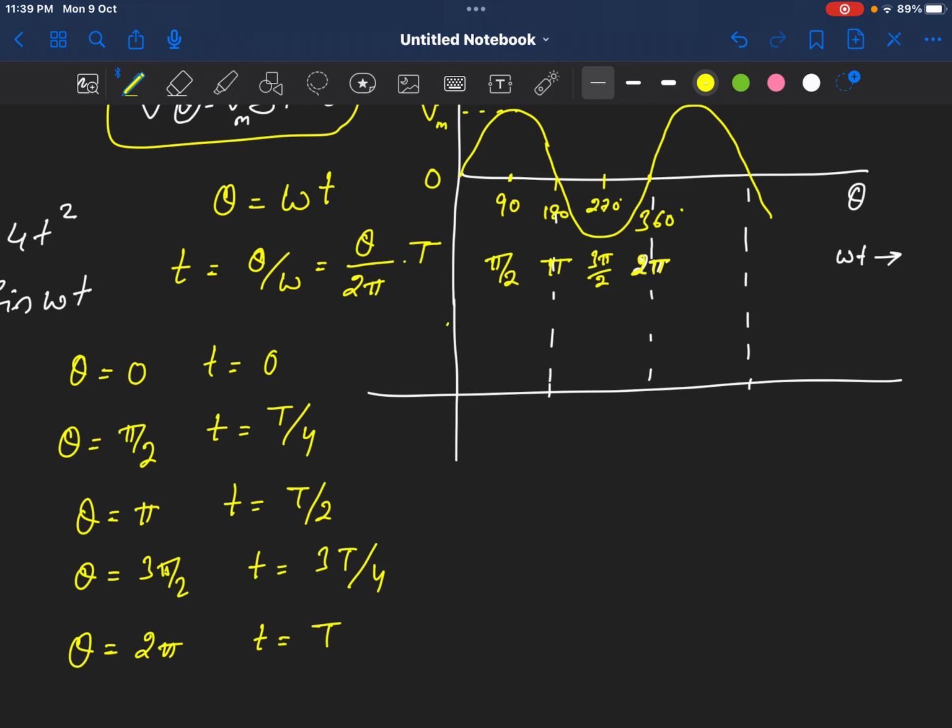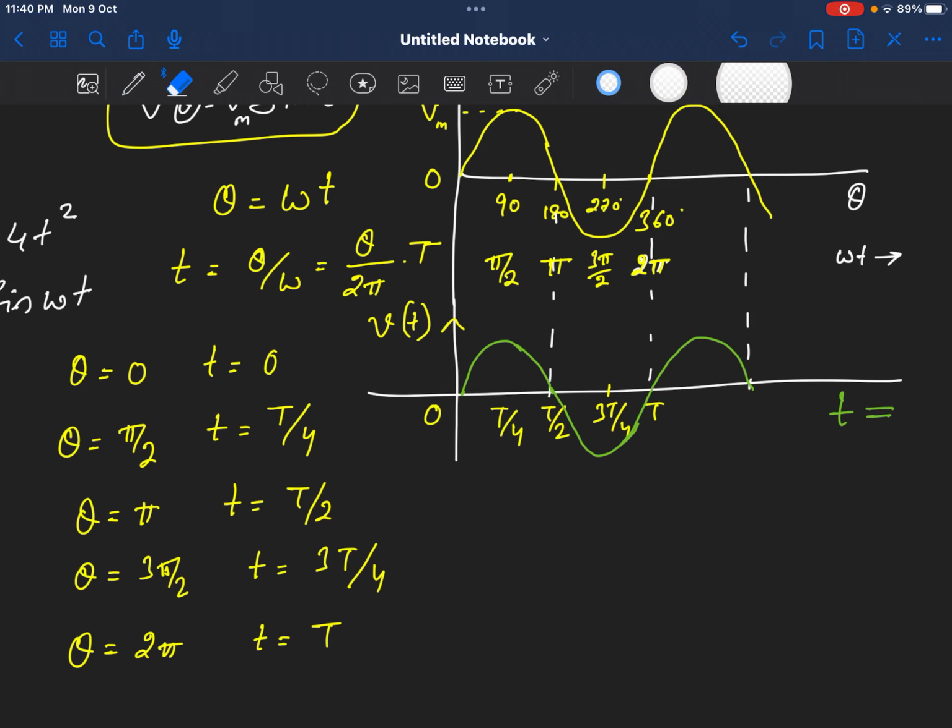That means we can write here v of t starting with 0. This is T by 4, this is T by 2, this is 3T by 4, and this is T. And we can get the same waveform. Here we can write it in terms of time.